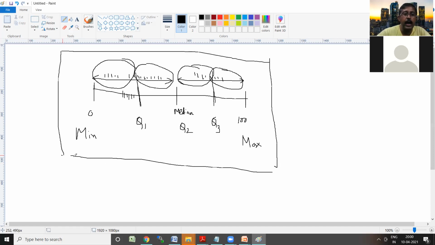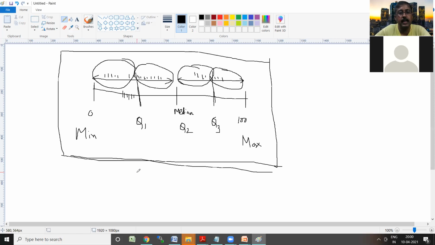Now, I'm going to pause the session here today. In the next session, we are going to see some graphical values corresponding to these statistical values, which are very commonly used in machine learning.